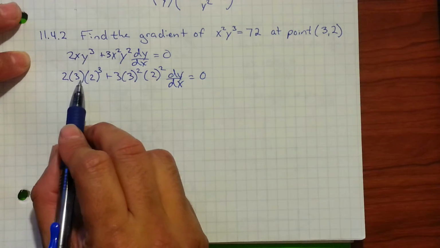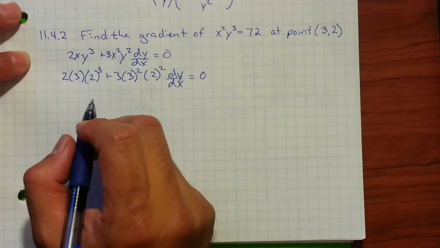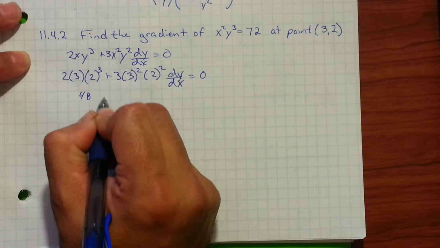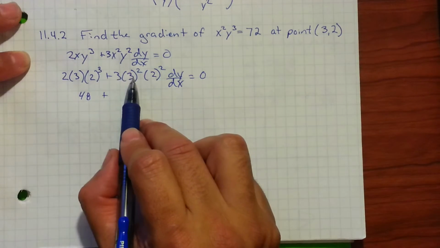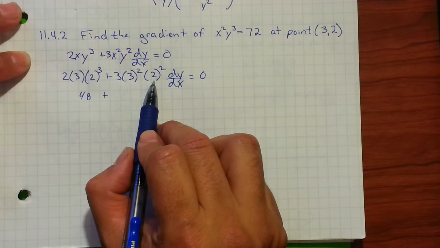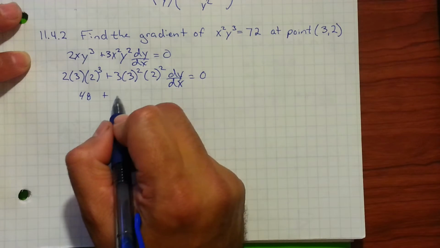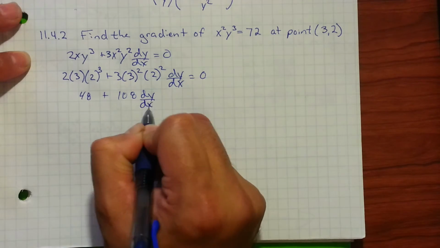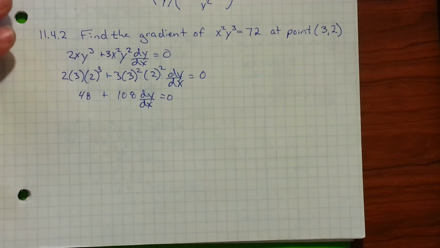Let me see, that's going to be 6 times 8, which is 48, plus this is going to be, let me see, 9 times 3 is 27, times 4 should be 108, dy/dx equals 0.